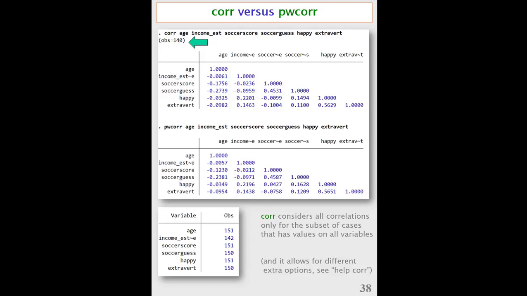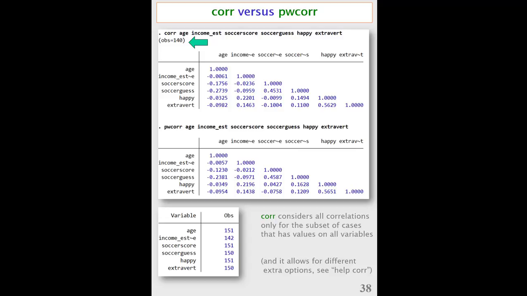Now what happens is this coefficient over there, which is the correlation between age and income estimate, is equal to minus 0.0057, and this is calculated on all the cases for which you have an age value and a value for income estimate.